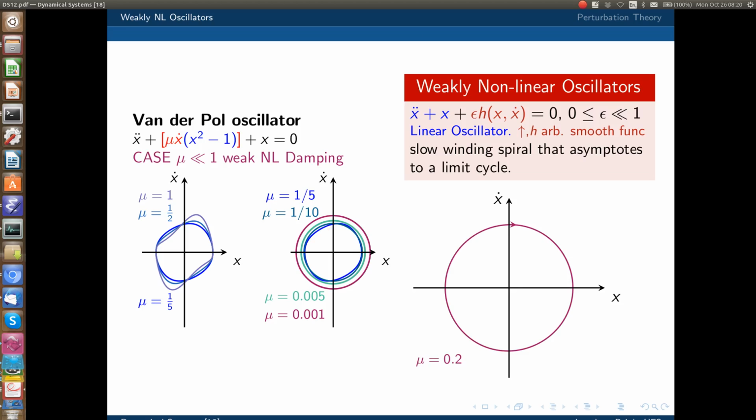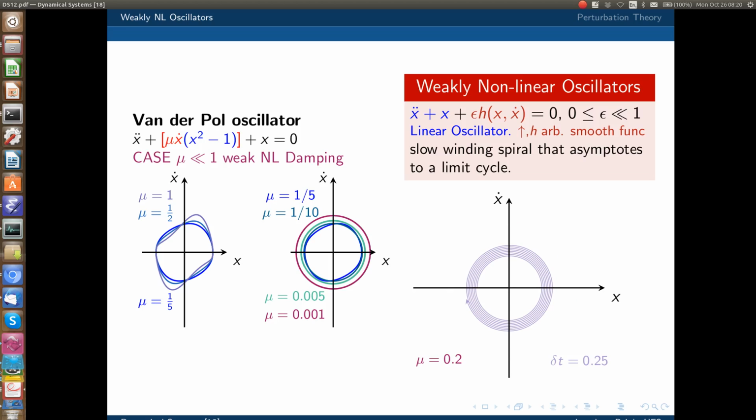If I actually plot the trajectory, it takes a long time. I'm going to plot the trajectory starting at some point, wait a quarter of a second, then plot a bit of the trajectory, then plot another bit, just to show you how slowly it actually spirals in, because this is in fact necessary to be able to do the analysis we're going to do now.